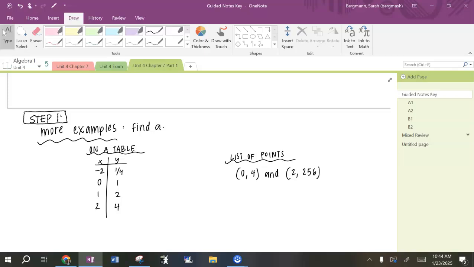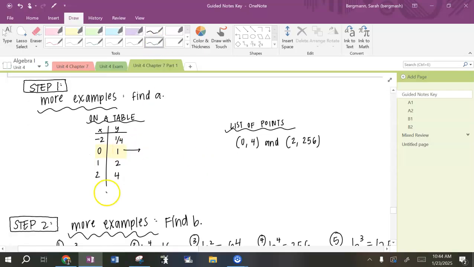If you're trying to find a from a table, remember a is always the y-intercept. You're going to look for where x is 0. Here I see x is 0, y is 1. So in this problem, I know that a equals 1 because that is my y-intercept, because x equals 0.